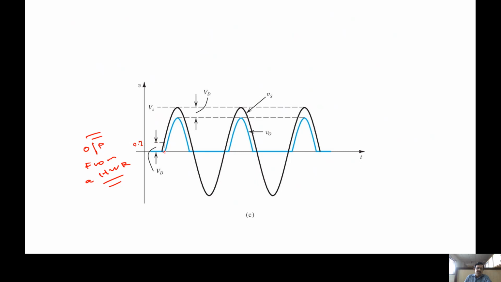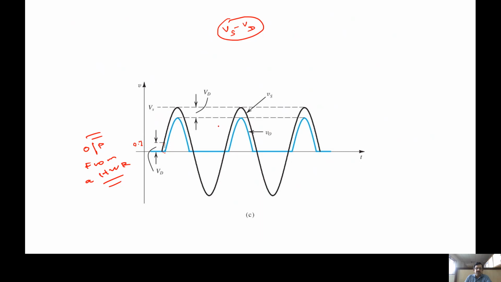With that understanding of the constant voltage drop model, we can clearly see the output will be like this. Now what will be the output here? The output will be Vs minus Vd.